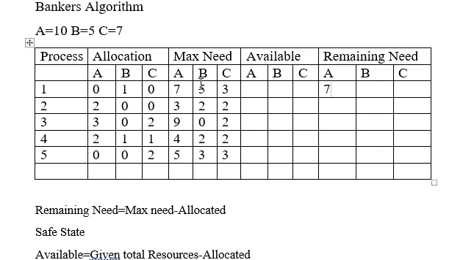For resource B, it's 5 over here and 1 over here, so 5 minus 1 will be 4. That's what I've written here, max need minus allocated. That's what you have to do for finding the remaining need. And for resource C, we have 3 minus 0, that's giving you 3.